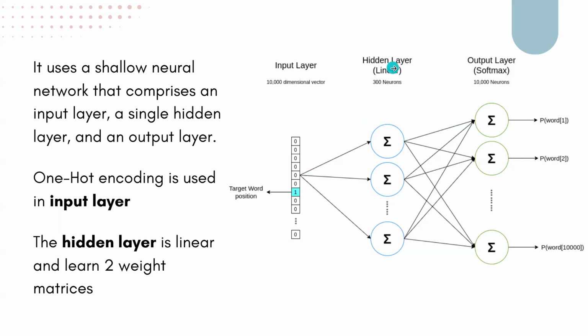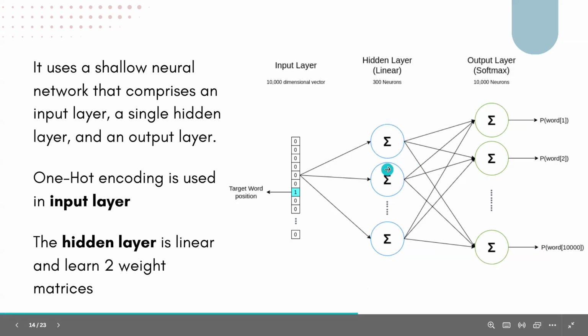The neural network will contain a hidden layer that is also linear. So there is no nonlinearity involved in this skip-gram implementation of word2vec. It basically tries to learn two weight matrices. The first weight matrix W is present here, and the second weight matrix W prime is present here. So what will this W matrix do? After multiplying the 1 cross V vector, where V is the dimension of the vocabulary, by the V cross N matrix, we get a 1 cross N vector, where N is the number of neurons.